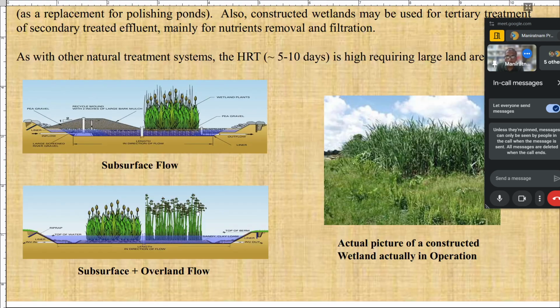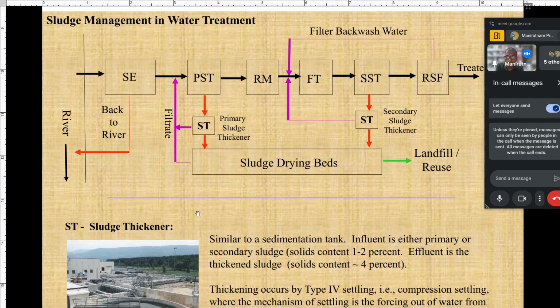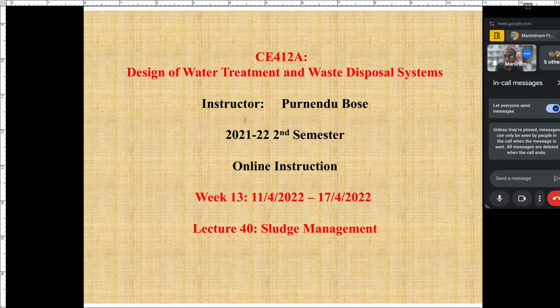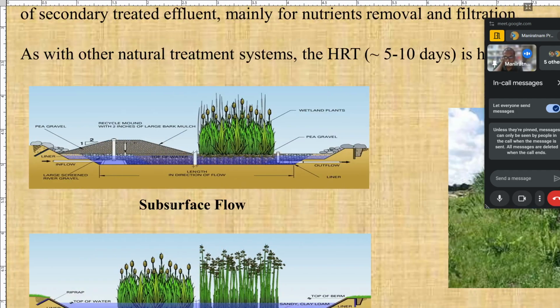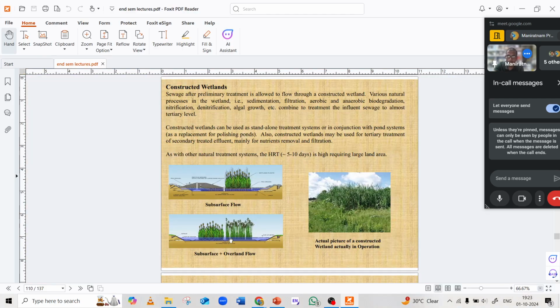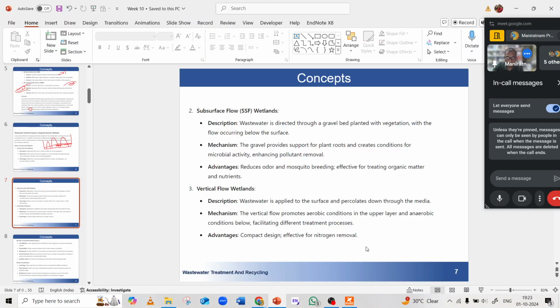Let me see if the name of the plants is written or not. The name of the plants is not written, but you can search anywhere for what kind of plants those are, under natural process, wetland vegetation, constructed. So I hope you have an idea of how these things are working. If you have any doubt, you can just ask.